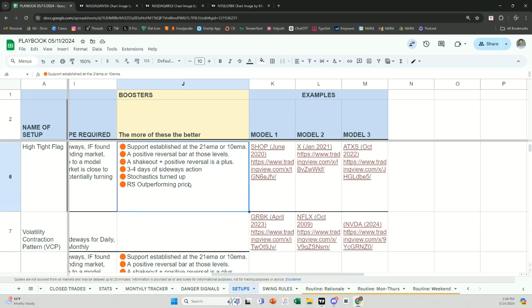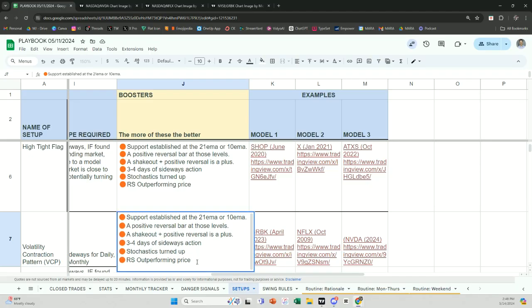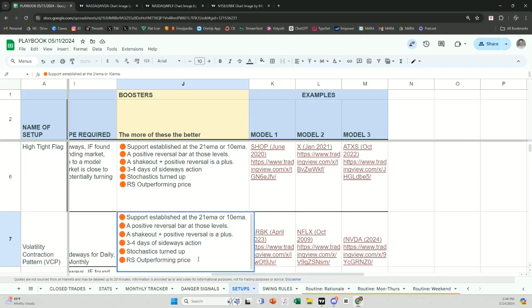I'll add these boosters, because many of the boosters that I look for tend to be similar. That's why these are boosters. They're things that I would like it to have, but not things that would necessarily disqualify it. One of the things that I would also want to add to this is that it's a leader.